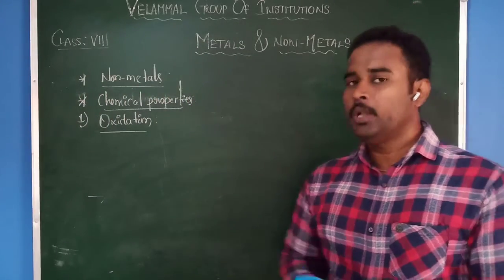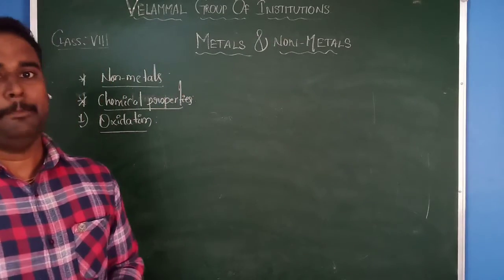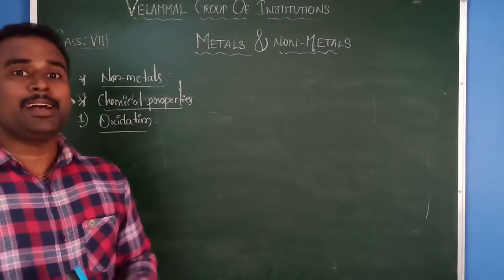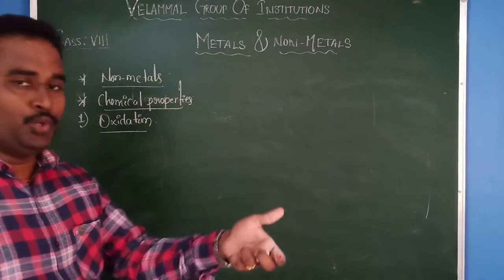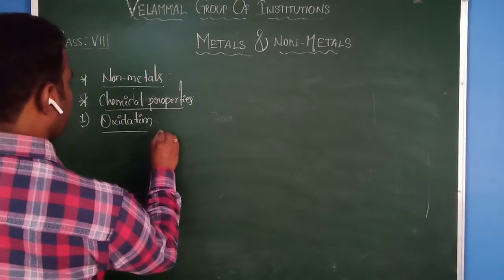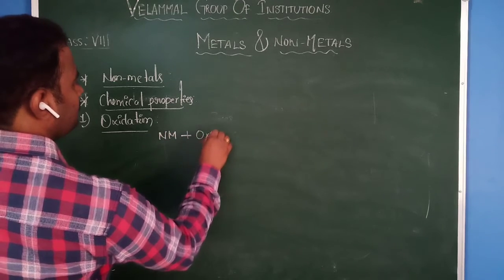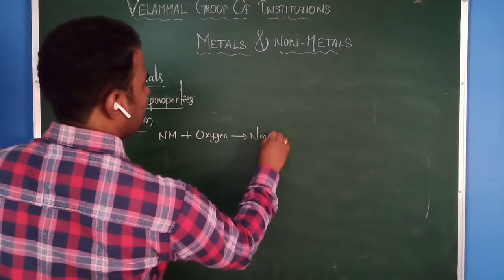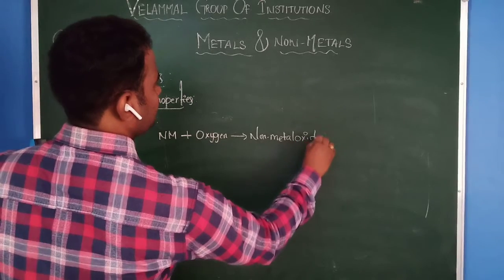In the previous class, you learned metals react with oxygen to produce metal oxides. In the same way, non-metals also easily react with oxygen to produce their respective non-metal oxides. That means non-metal plus oxygen gives non-metal oxide.